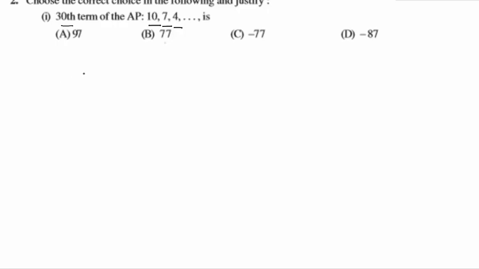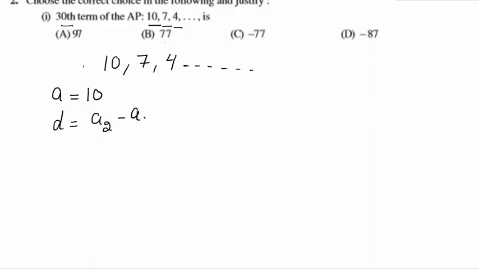First of all, write the AP. Here the AP is 10, 7, 4 and so on. So first term A is 10, and D will be A2 minus A1.